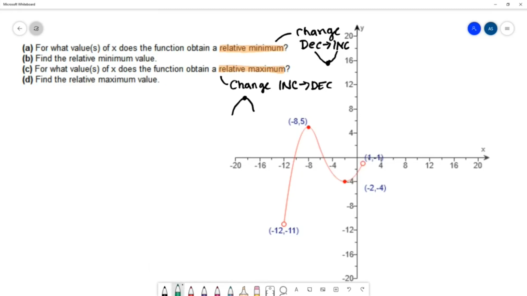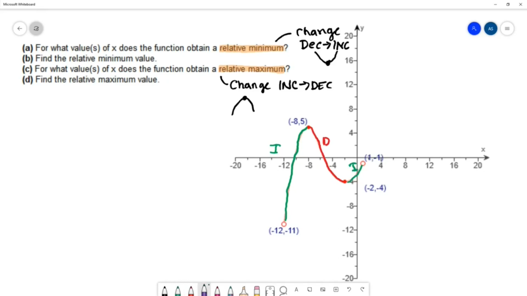So we can see that this section of the graph from -12, -11 to -8, 5 is increasing. And then this section from -8, 5 to -2, -4 is decreasing. And the section from -2, -4 to 1, -1 is increasing.